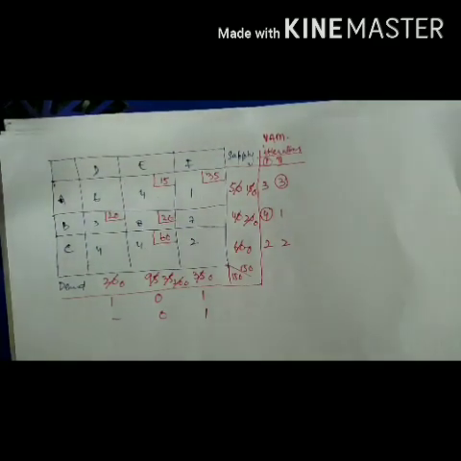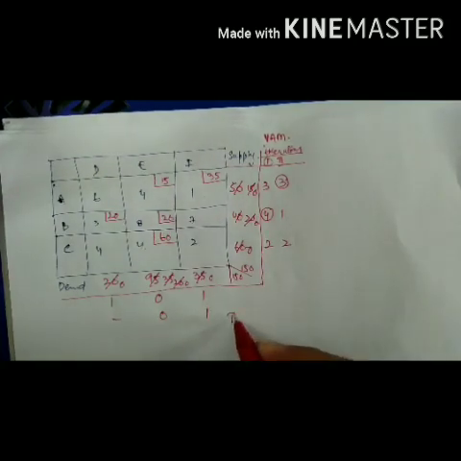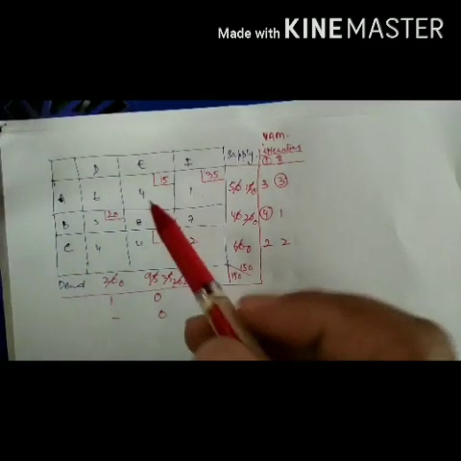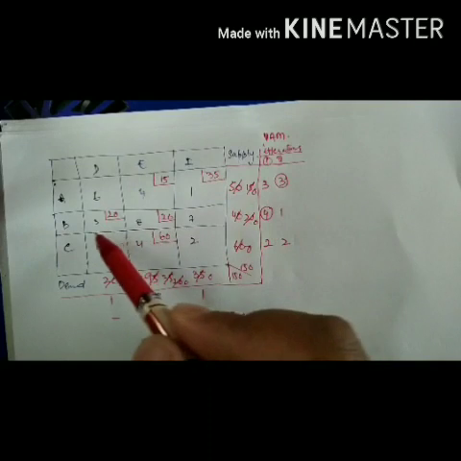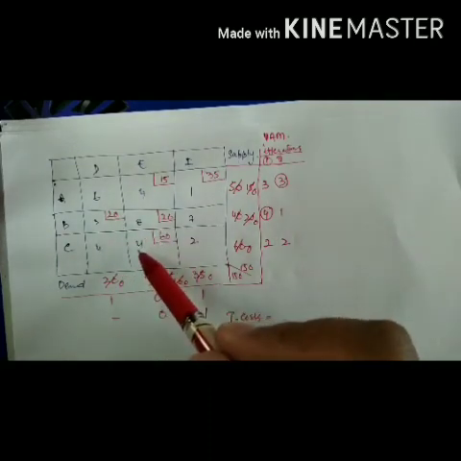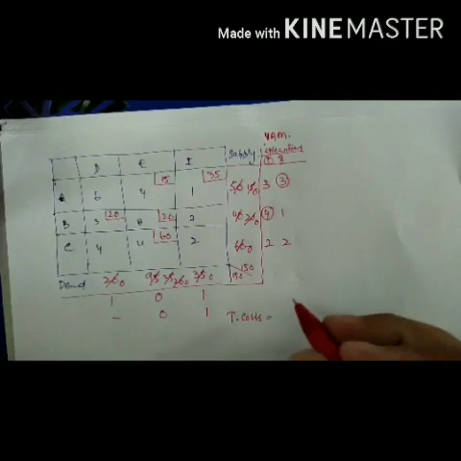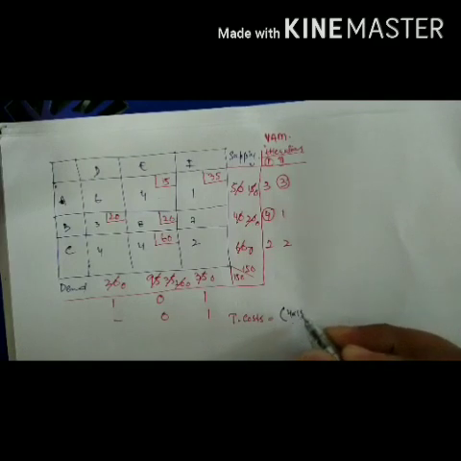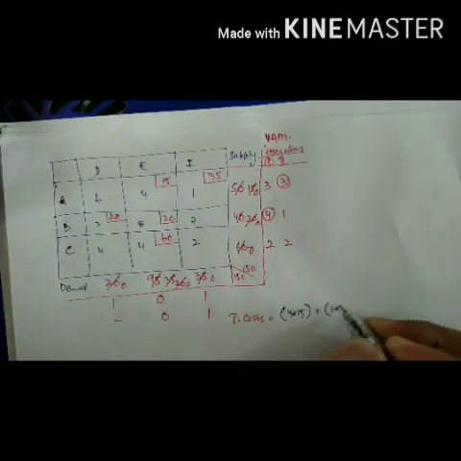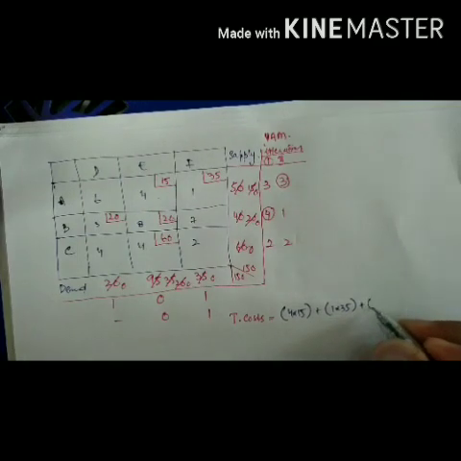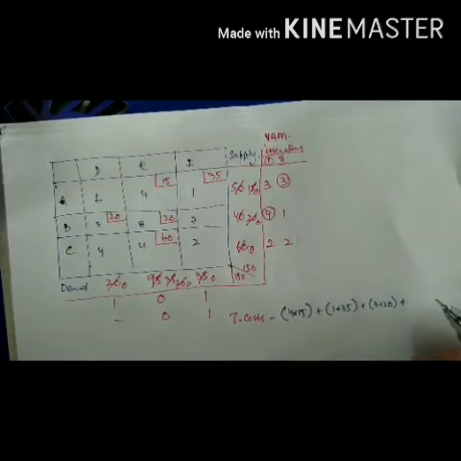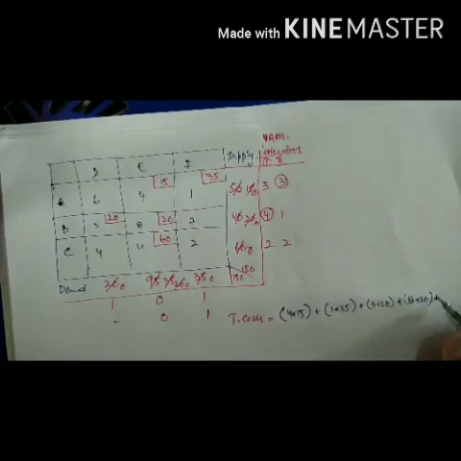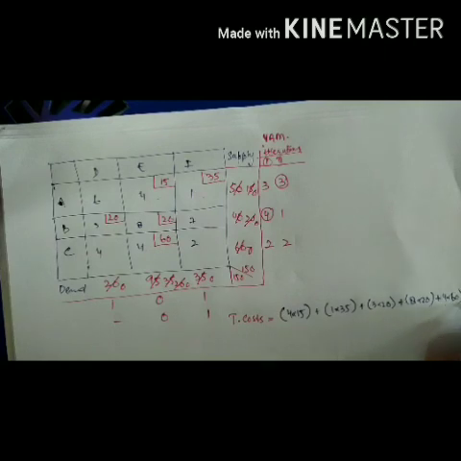Now I will show you the total transportation costs. These are calculated like this. The allocated cells: 4 into 15, 1 into 35, 3 into 20, 8 into 20, and 4 into 60. Now I will write them. You can simply copy it from there. It will be 4 into 15 plus 1 into 35 plus 3 into 20 plus 8 into 20 plus 4 into 60.